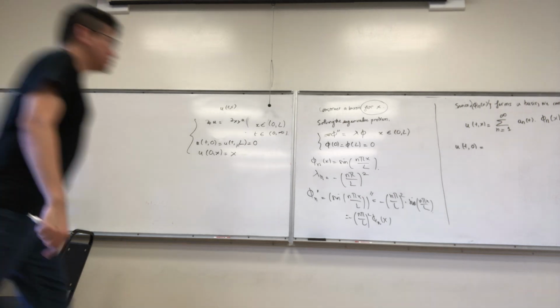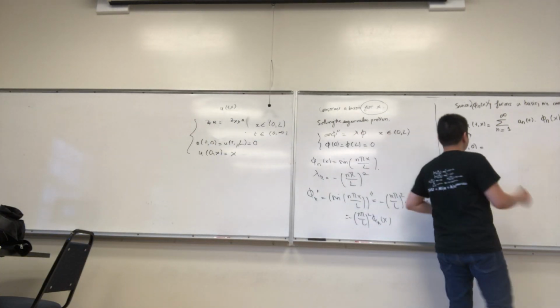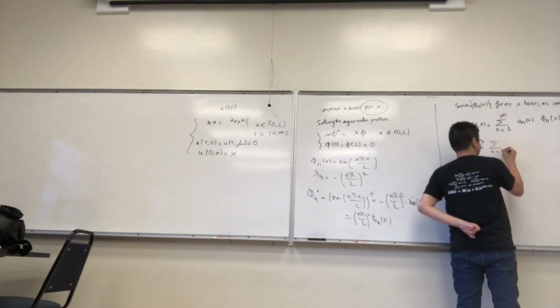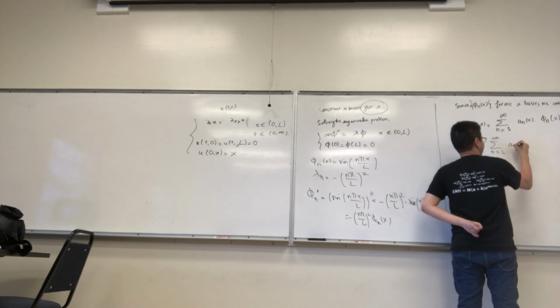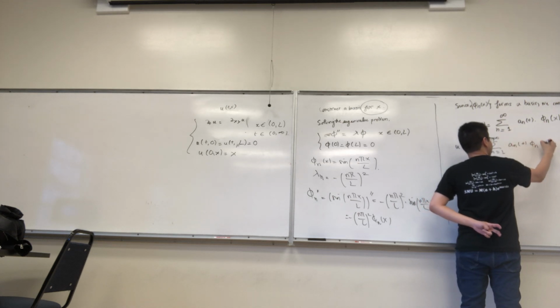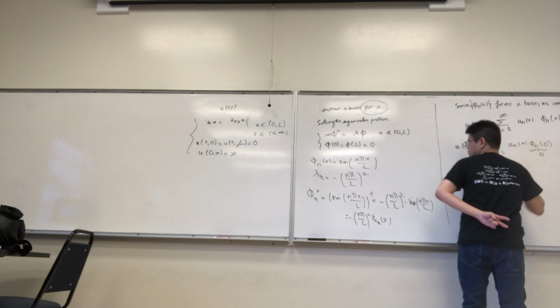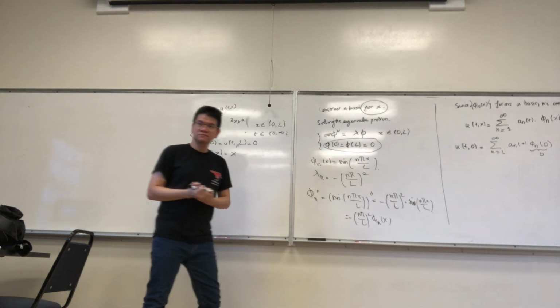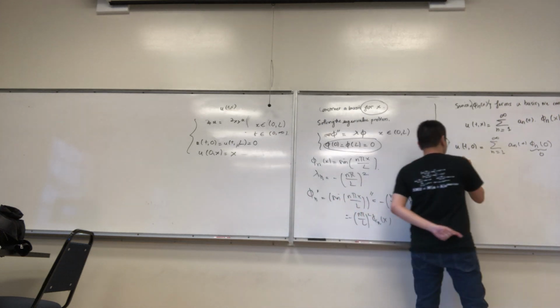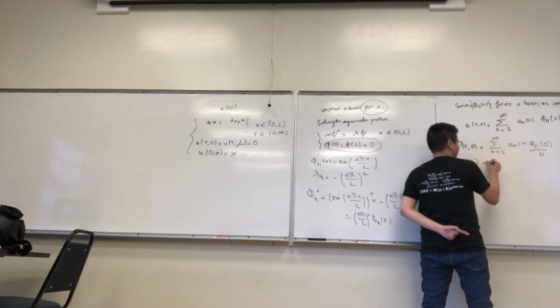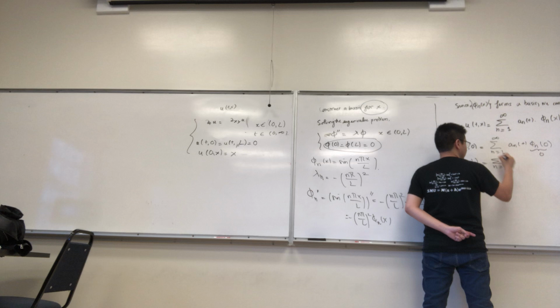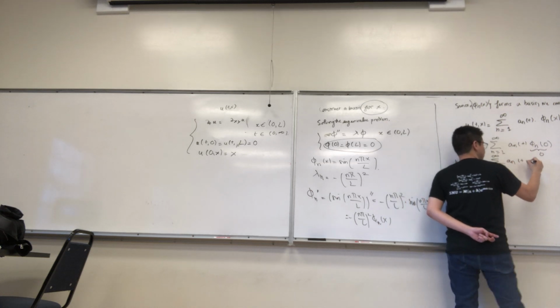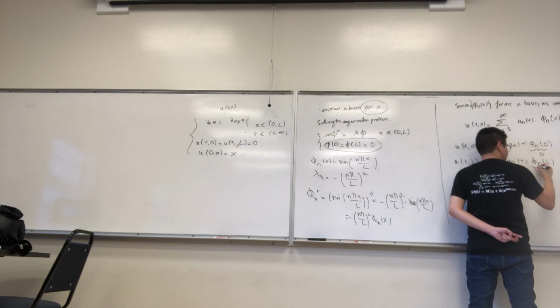If you consider u(t, 0), you're going to have this sum of a_n(t) phi_n(0), and this is 0 because of this boundary condition. And it's going to be the same for L: a_n(t) phi_n(L), and this is also 0.